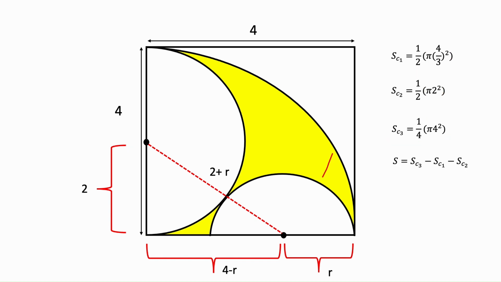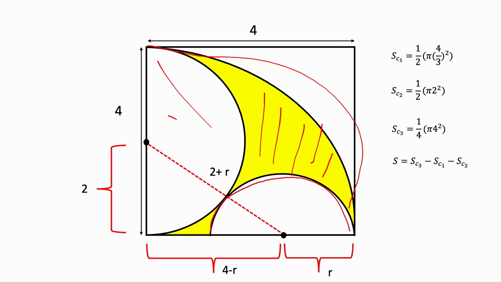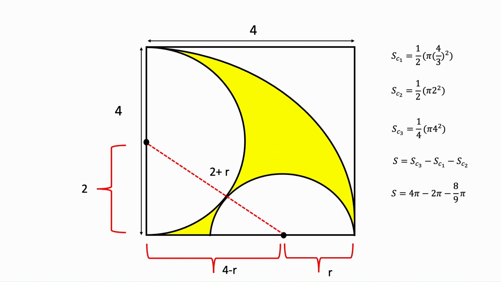Now we want to find the yellow area. So how are we going to find it? It's going to be the quarter of the circle minus circle 1 minus circle 2. So great. We'll go through each circle and calculate the area. For example, the area of the third circle is 1 over 4 pi 4 squared, which is going to be 4 pi.